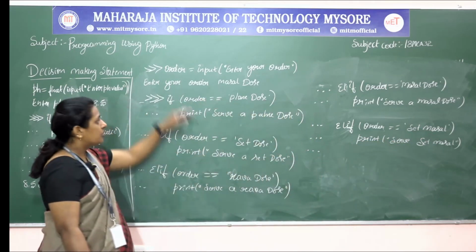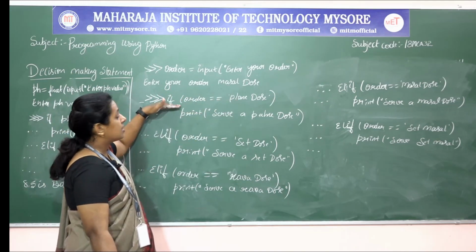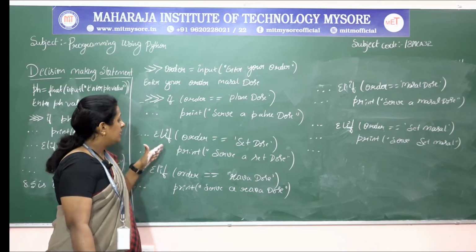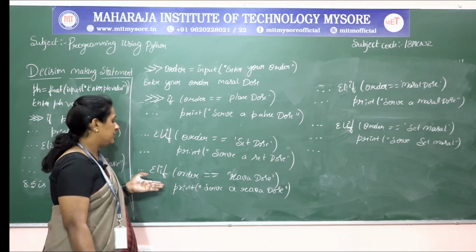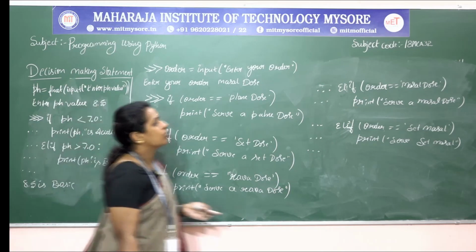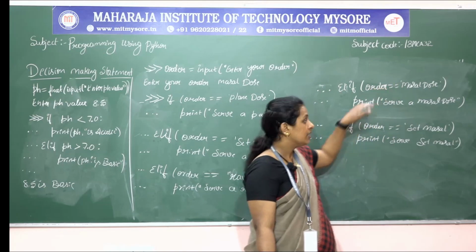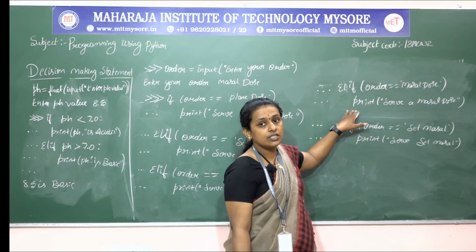So with respect to this code, we have ordered a masala dosa, so this condition is not satisfied, then it moved to the else if part. Then this is not true, then it moved to the next else if statement, that is rava dosa. It's not true, then it moved to the next else if, that is masala dosa. Yes, this condition is true and this will be evaluated.